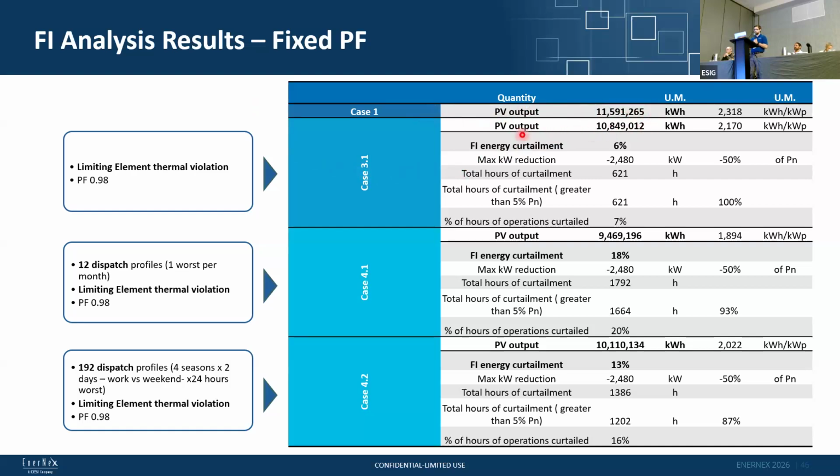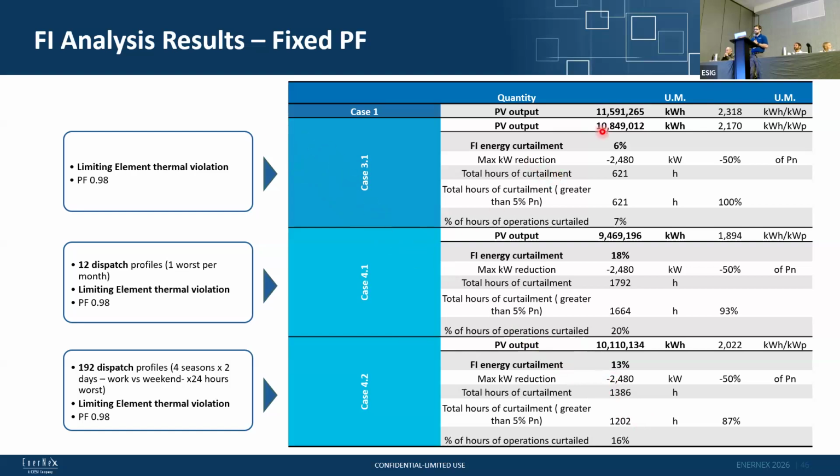And if you compare that to case 3.1, 4.1, and 4.2, you can see some of the energy curtailment that would be necessary in order to reduce these violations, as well as how much we actually had to reduce the production of the plant by, and how many hours of operation were curtailed in total. And so this is the fixed power factor case.